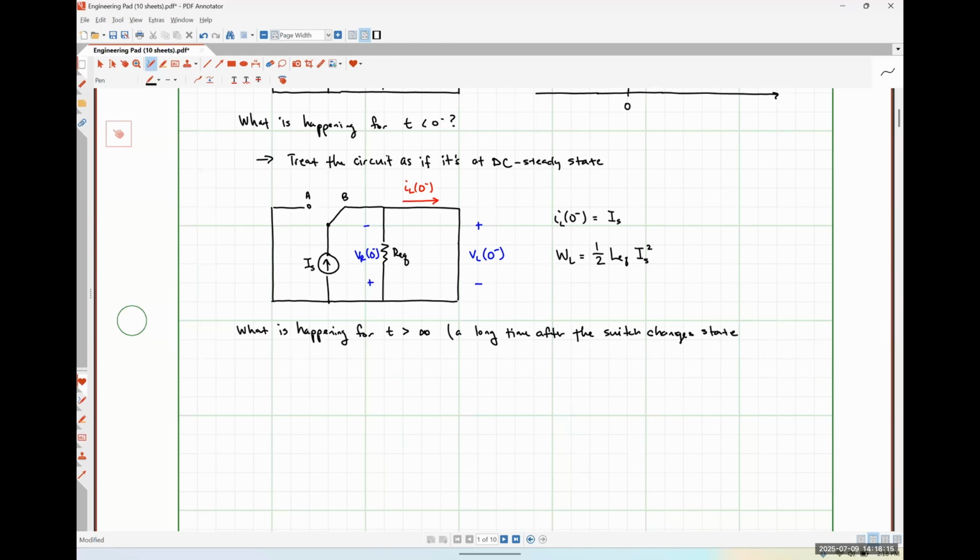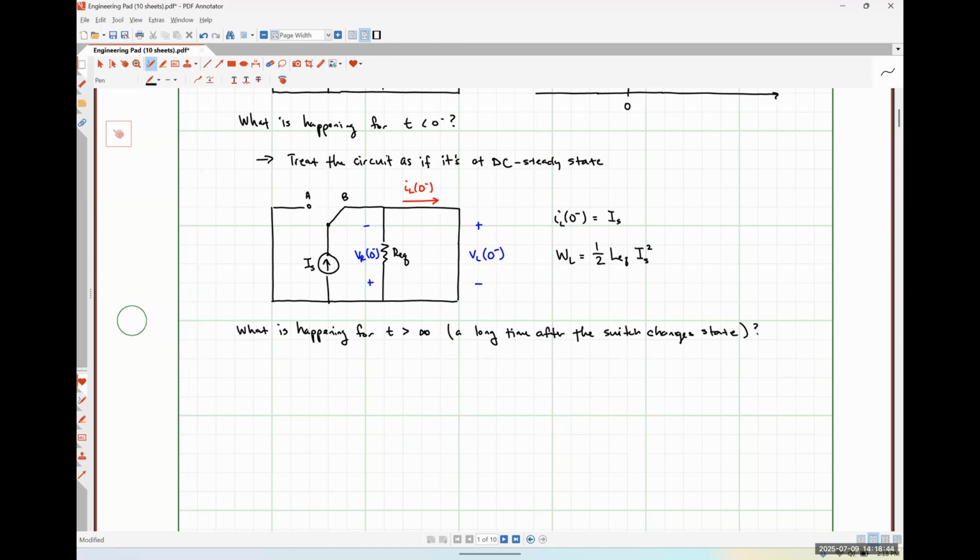Essentially, if we wait long enough, our system should wind up going back to a DC steady state condition because we only have DC sources in our system. So if we make some sort of perturbation by changing the state of the switch, and we wait long enough, our system will settle back to DC.